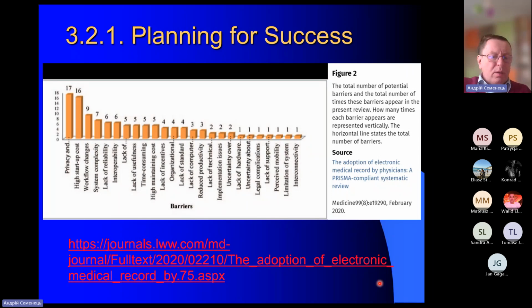Anyway, we have some information and statistics about barriers for implementation. Here we are speaking about highly developed countries, the United States and the European Union. Even in this case, startup cost is second after privacy and security.